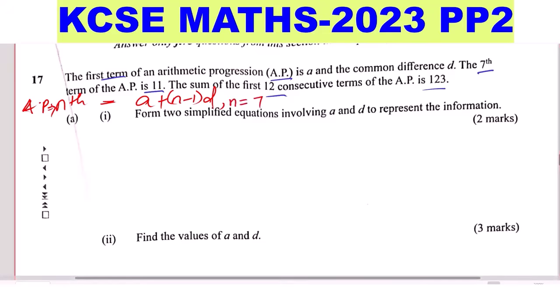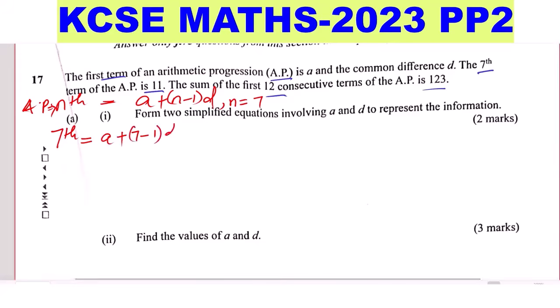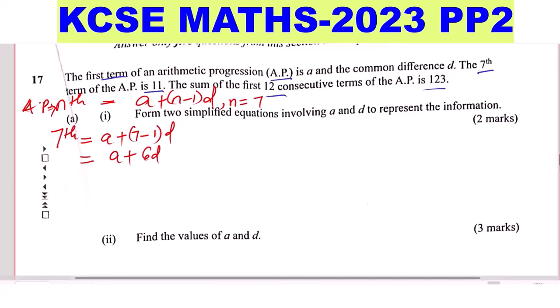Just substitute 7 in the place of n. So the 7th term is a plus 6d, and you're given the 7th term is 11. So that gives the first equation.